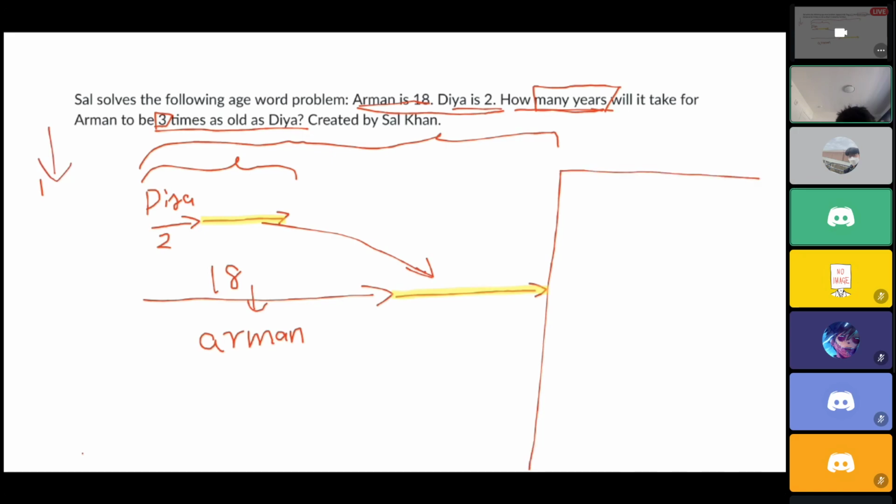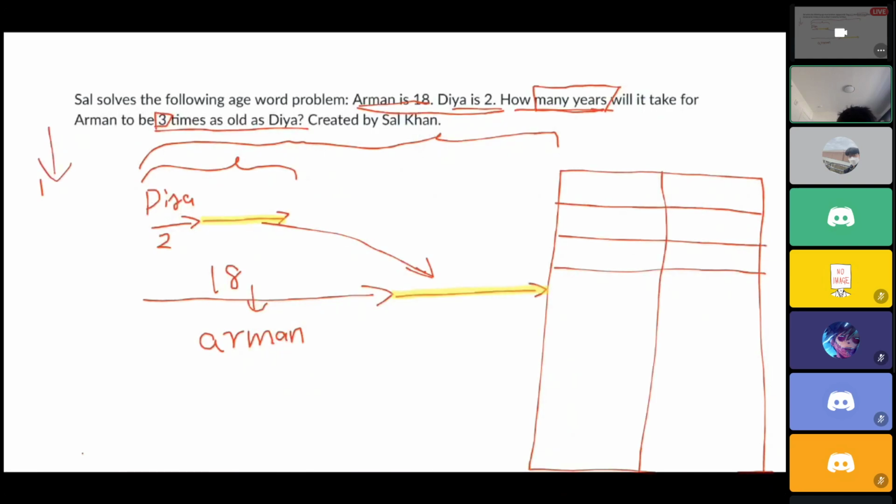Okay, so we have the tables, as Ryan has suggested. On the left side, we have the age for Dia. Let's call her D. And on the right side, we have Arman, A. For the first thing, you always have to have the initial age.